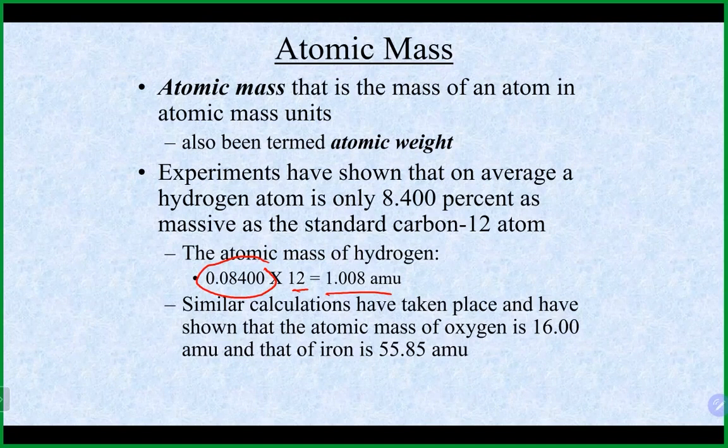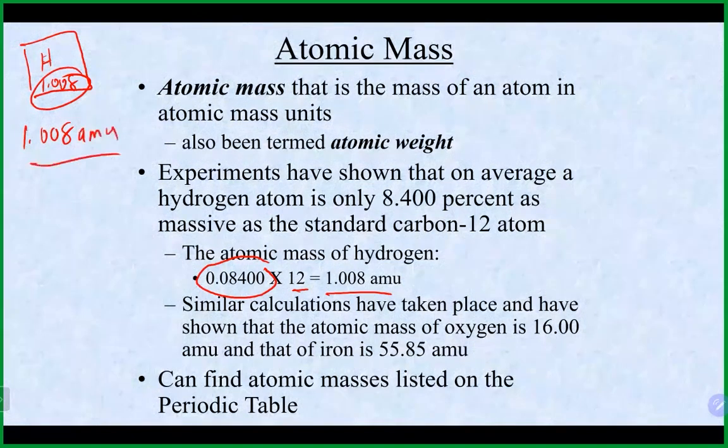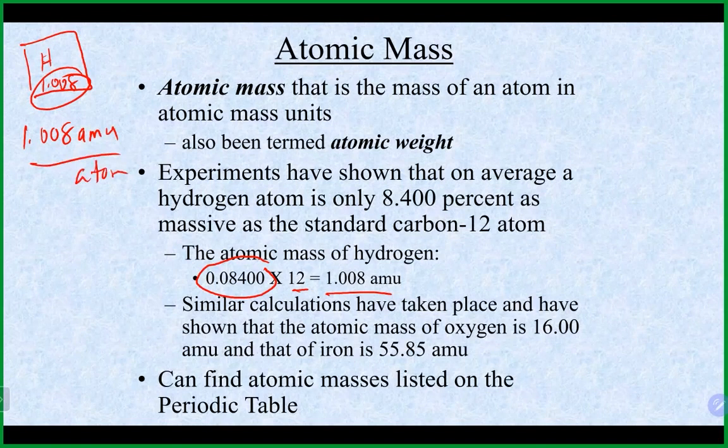We can find other atomic masses, obviously, from the periodic table, and one conversion that we use for that is, for example, hydrogen 1.008. What we could say is there are 1.008 AMU in an atom of hydrogen. So that is one way that you could pull the numbers off the periodic table.